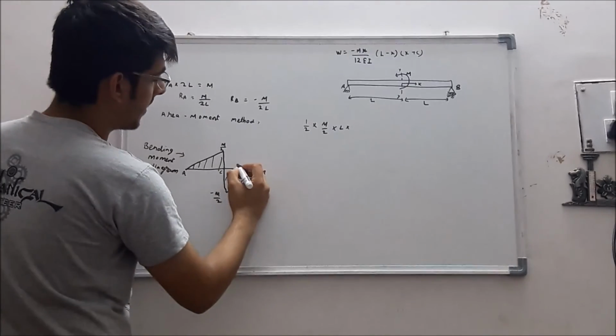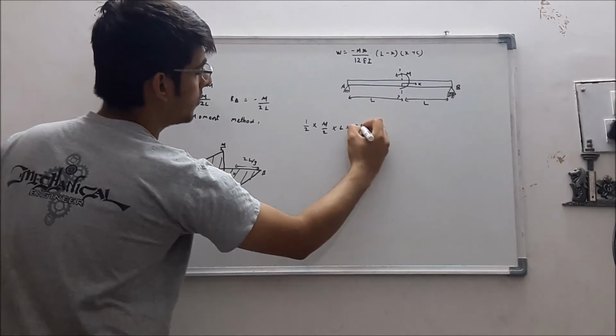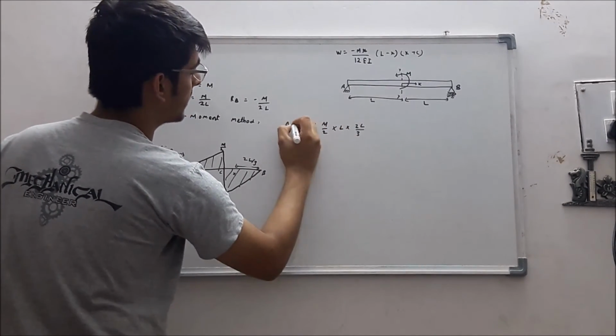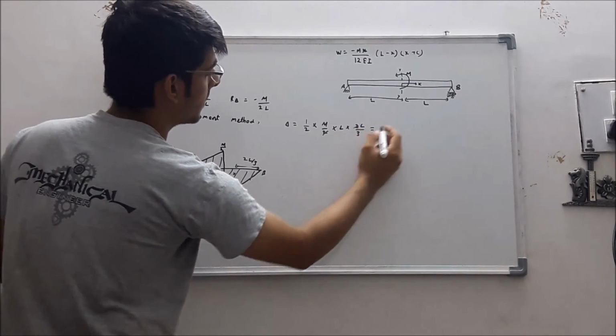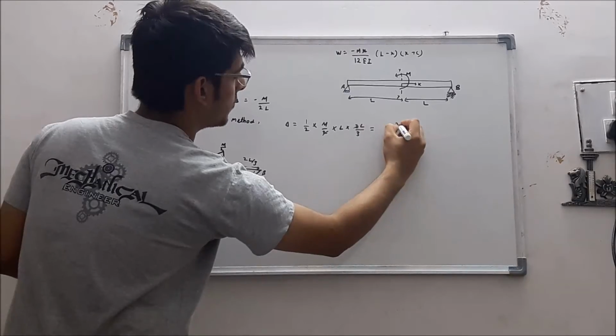The centroid will be here and this will be 2L by 3. This will be the deflection, so that is equal to ML square by 6.